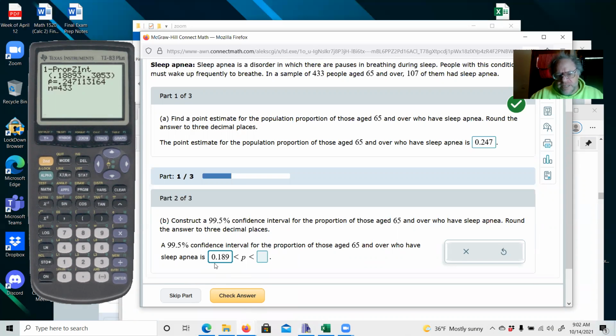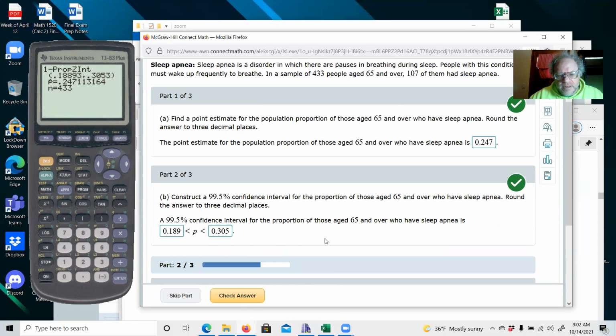So somewhere close to 19%. And the top one is 0.3053. This 3 is not going to contribute, so this is 0.305. And that should be our set.